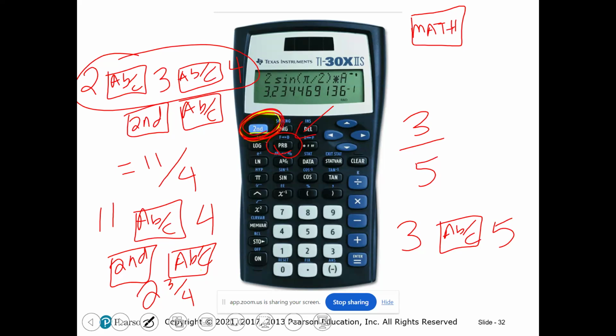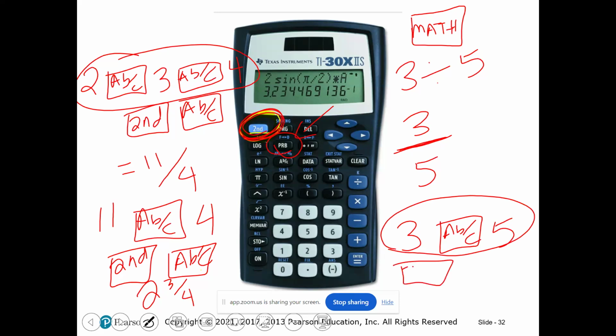So say you wanted to change something like our 3/5 into a decimal. Fractions do mean divide. So on some calculators, you can simply just divide 3 divided by 5. Okay. But you can also use this fractions to decimal. So you would type in your fraction and then you would hit your second key. And then you're going to hit that PRB key so that you get that F to D conversion going on.